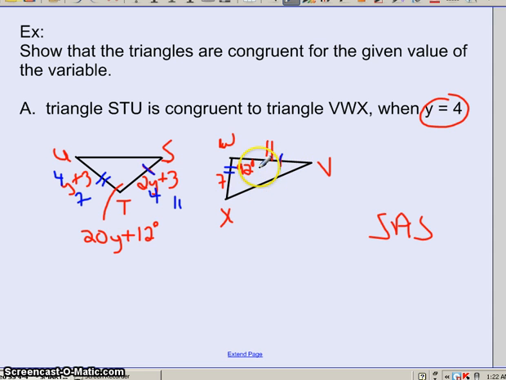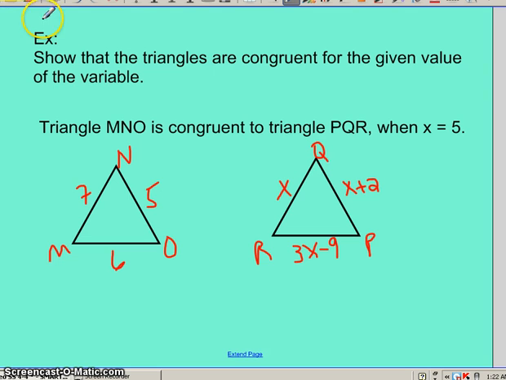So now if I just have that included angle as 92, I should be good. So when I plug in that 4 times 20 should be 80, and then add the 12 should be the 92 degrees. So all of them work out where they're congruent, so that's going to allow us to use the side angle side postulate to show that the two triangles are congruent.